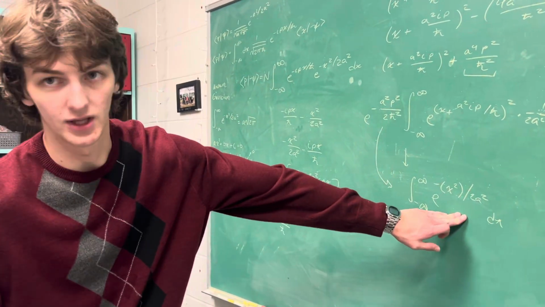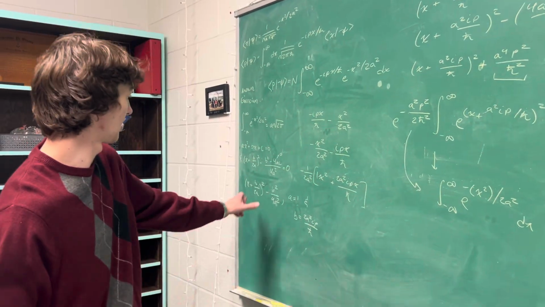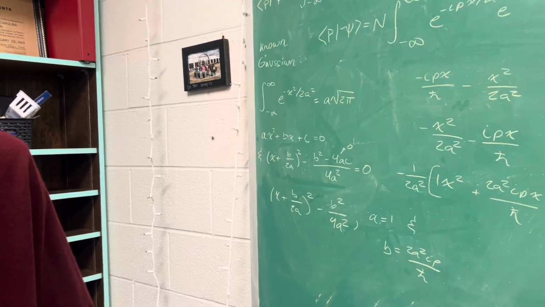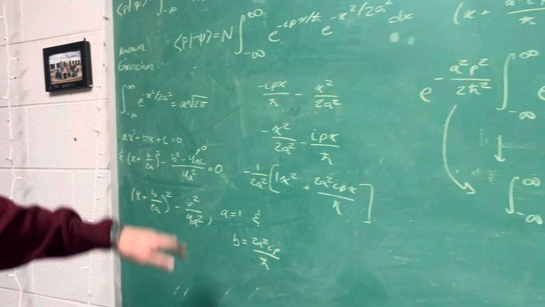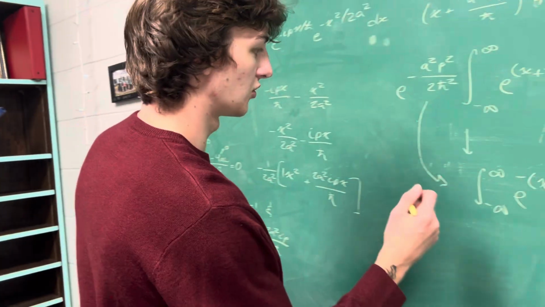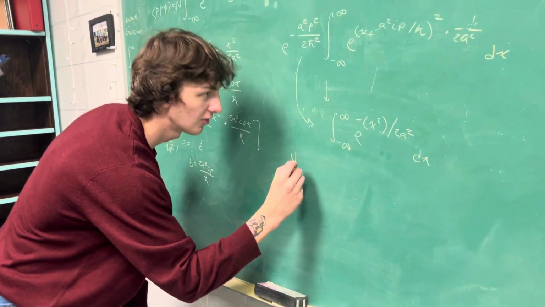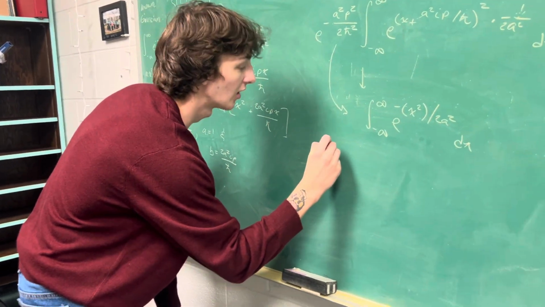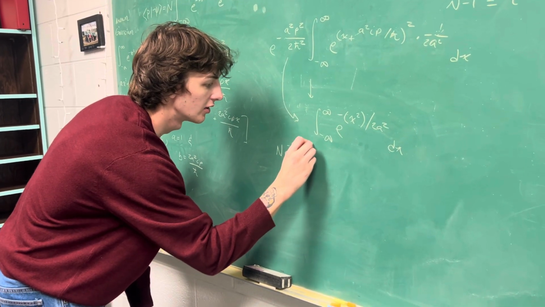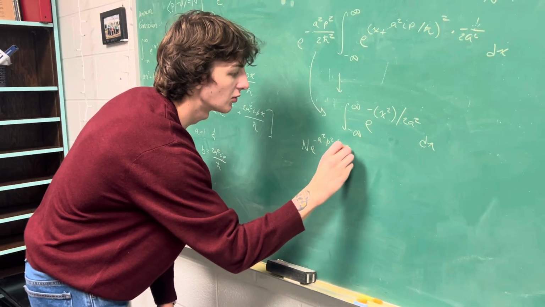And this is a known Gaussian integral, which I have written out here. I won't show you how to do it in this video, but I'd be happy to in another one. This just is going to reduce to a times square root of 2 pi. So if you remember, we still had that constant N out front, and now we've got e to the negative a squared p squared over 2 h bar squared.